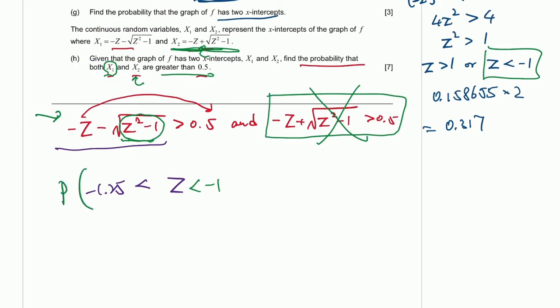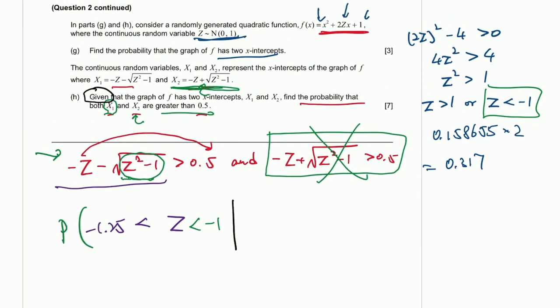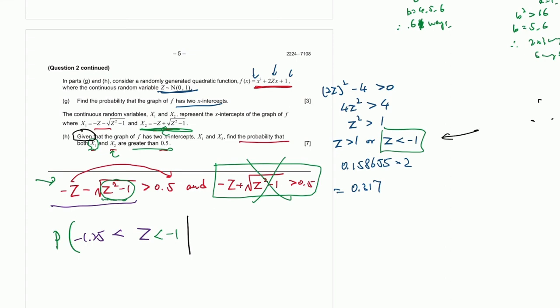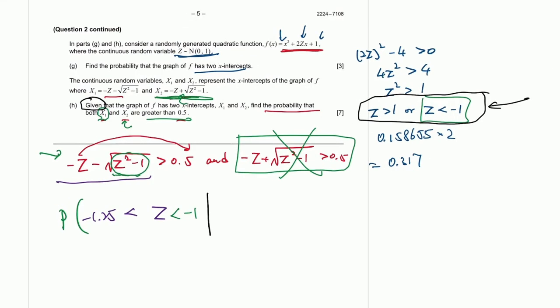Except there's one last trick. The trick is that this is a given. Turn out this is a conditional probability. So you want the probability of this given that f indeed have true x-intercepts. When does that happen? That happens when this happens. So that's related to part G. That's when the graph has two x-intercepts.